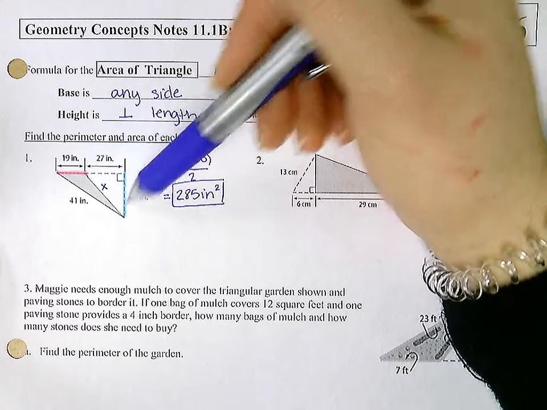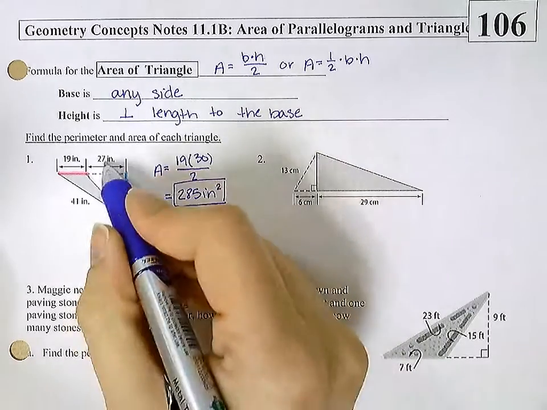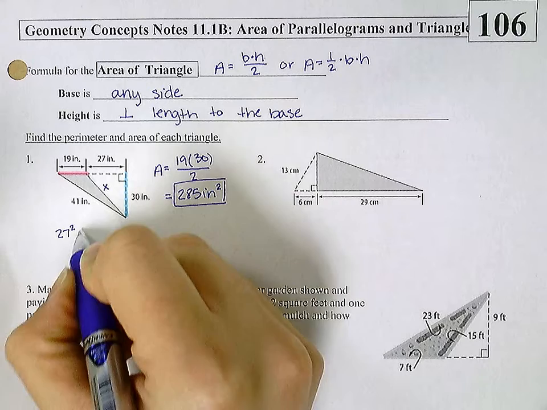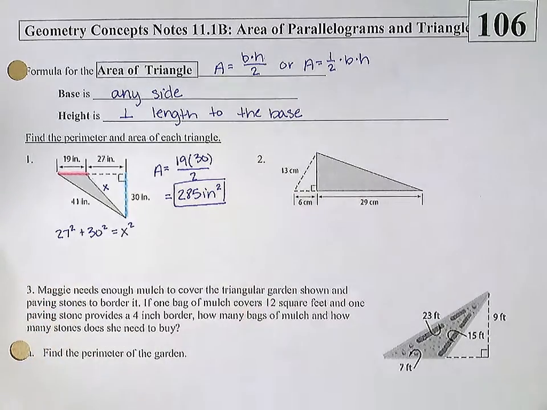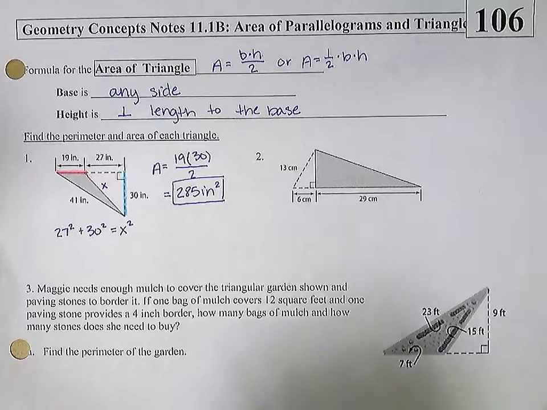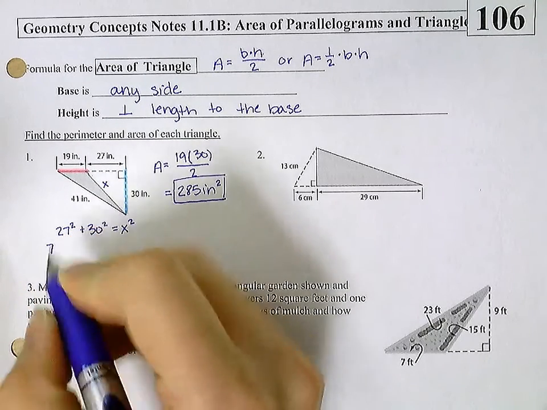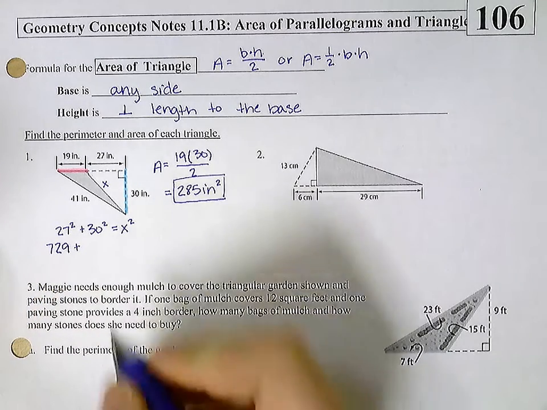So I'm going to use the Pythagorean theorem to solve for that. So since these are my 2 legs, they're my A and B values. And I'm solving for the hypotenuse. Okay, so 27 squared is 729. 30 squared is 900.